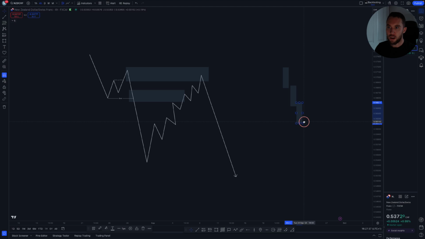What we're looking for is a gap between the wick of candle 1 and the wick of candle 3. If there is displacement within the market, there will be a gap between this wick and this wick, creating our fair value gap. That's just a basic overview of what a fair value gap is.